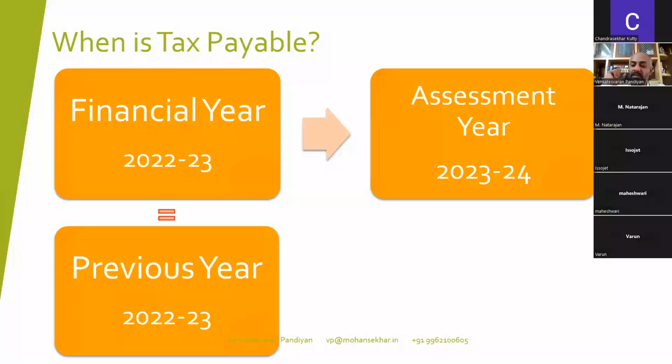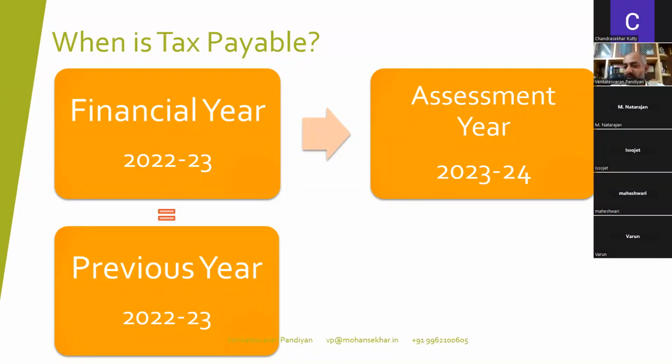That year in which the tax is assessed is technically called the assessment year. So for the financial year 2022-23, where we are currently, the income is determined, the tax liability is determined, and the income tax return is filed in the assessment year, which is the following year.